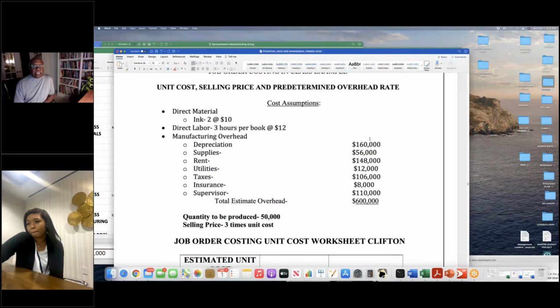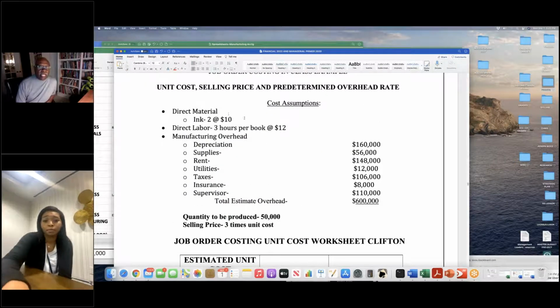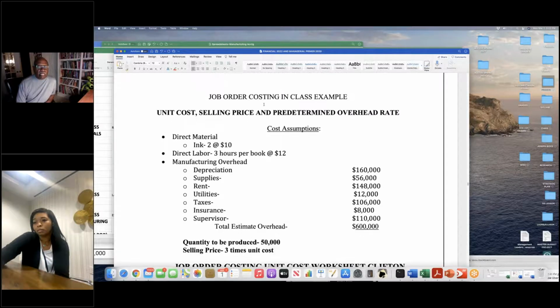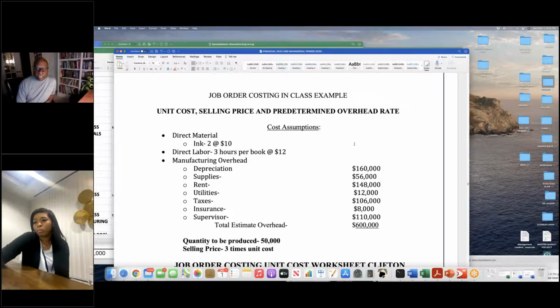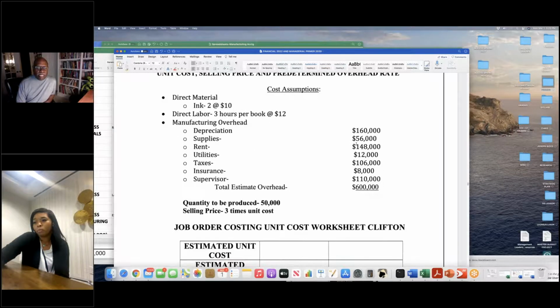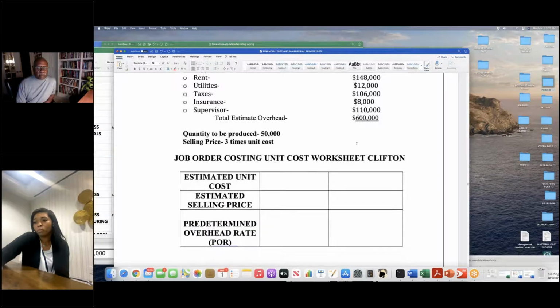Okay, so here's the problem. Everybody see the problem? I'm gonna put it in course content. So this job order costing in class exam, I'm gonna put this problem in course content.